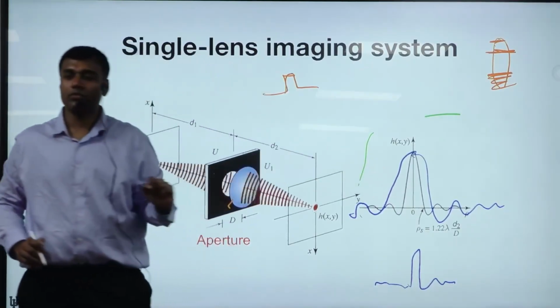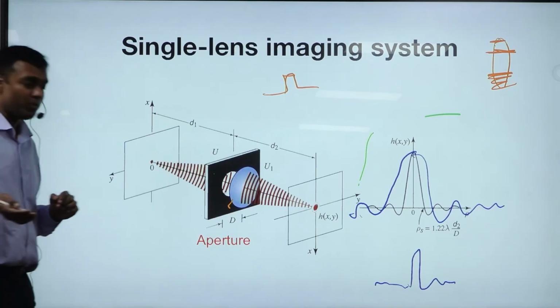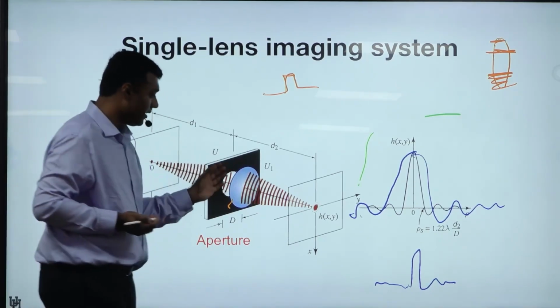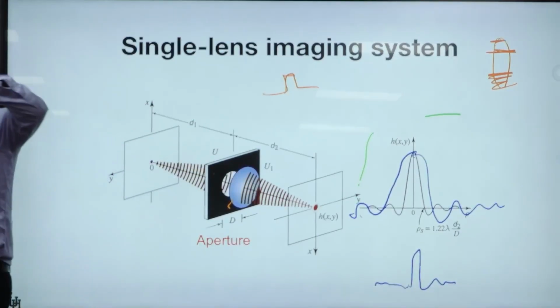The width of this 2D sinc function is basically your resolution. So the resolution of a microscope is determined by how much light the lens is letting through, what angles of light.